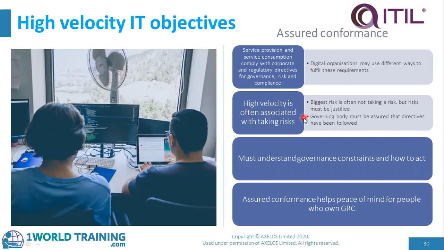Governing body must be assured that directives have been followed while risks are taken. Must understand governance constraints and how to act. Governance is the overall direction provided by the topmost body in the organization. Assured conformance helps peace of mind for people who own the GRC, meaning governance, risk, and compliance.